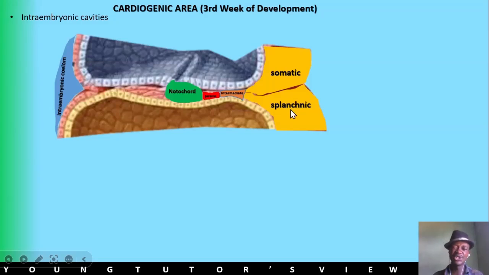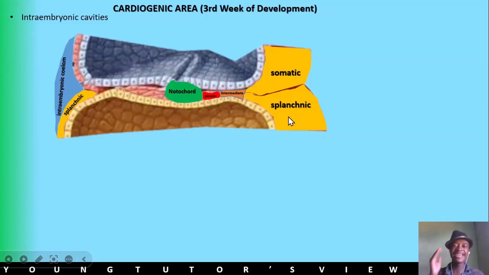What we are interested in this view is the splanchnic mesoderm, because that is where the cardiogenic area is going to develop from. That splanchnic mesoderm on both the left and right sides is what we are interested in, because that is where we are going to have the cardiogenic area.